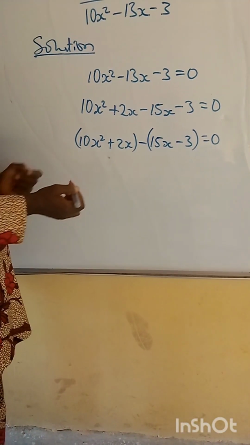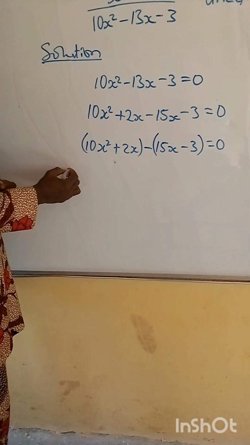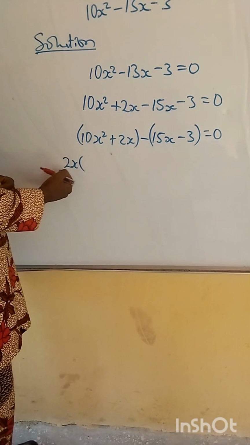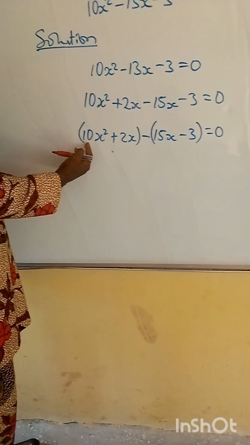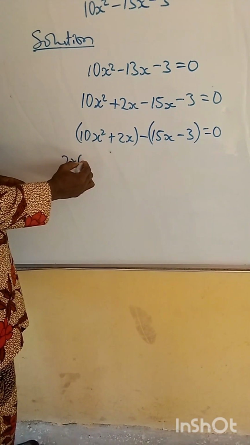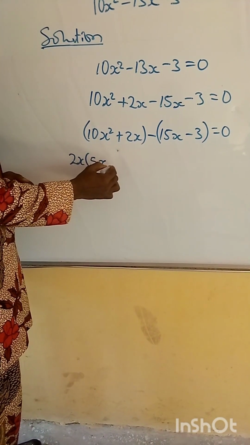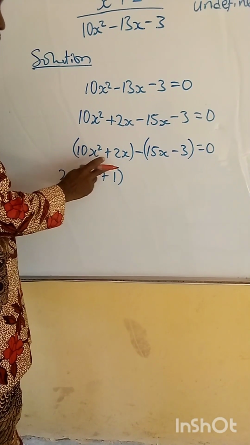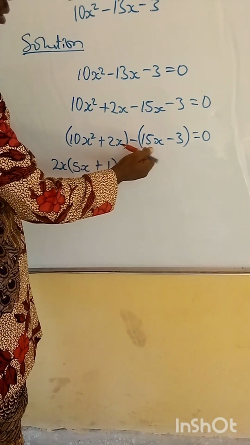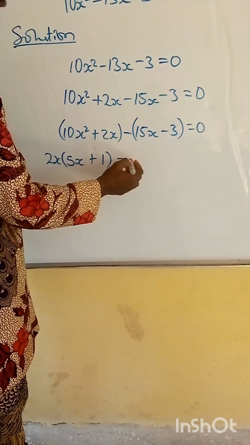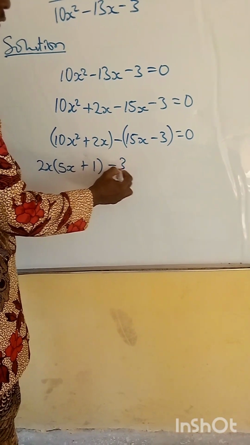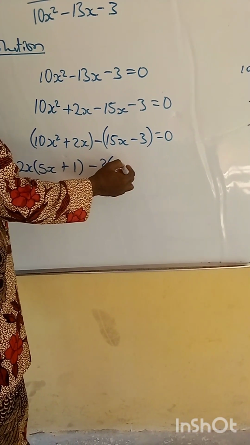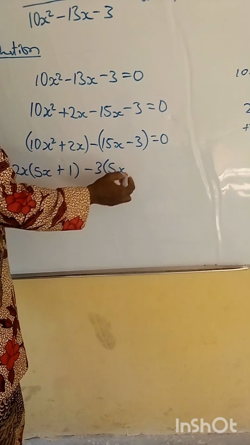So taking the common factors here, 2x becomes a common factor from this first bracket. 2x in 10x squared becomes 5x, plus 2x in 2x is 1, minus the common factor here is 3. 3 in 15x is 5x.